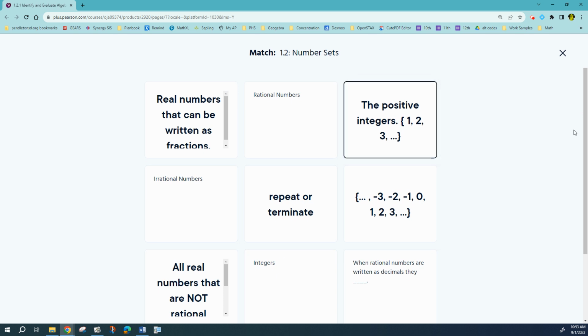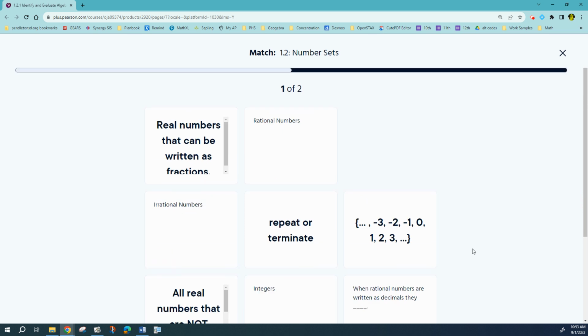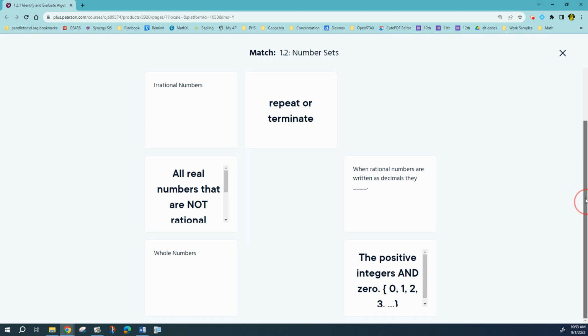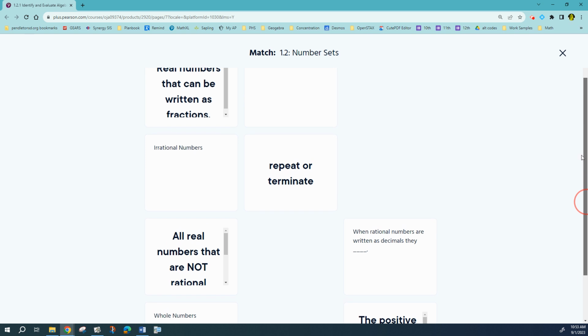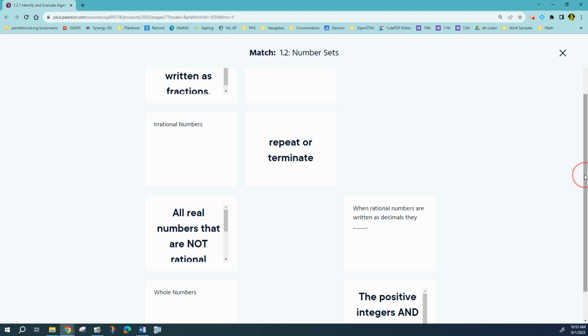So that goes with that. Okay. And we already did integers too, didn't we? Okay. Every time I click it, it just scrambles them again. Okay, what about irrational numbers? Okay, it's that one.